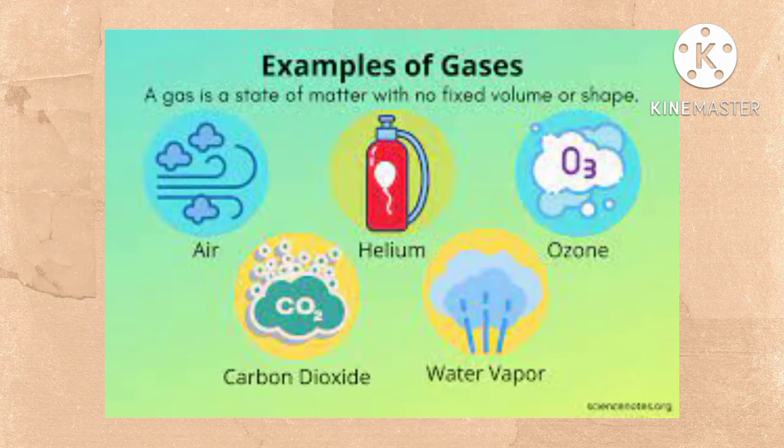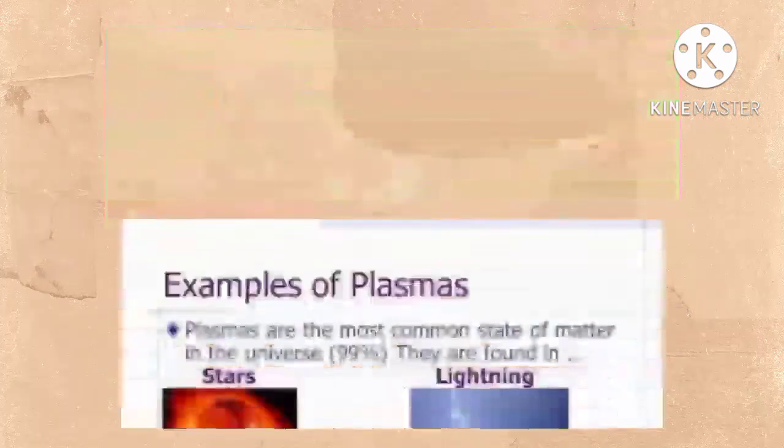As you can see on your screen, those are the examples of gases. A gas is a state of matter with no fixed volume or shape. For example, air, helium, water vapor, carbon dioxide, and ozone. Those are the examples of gas.